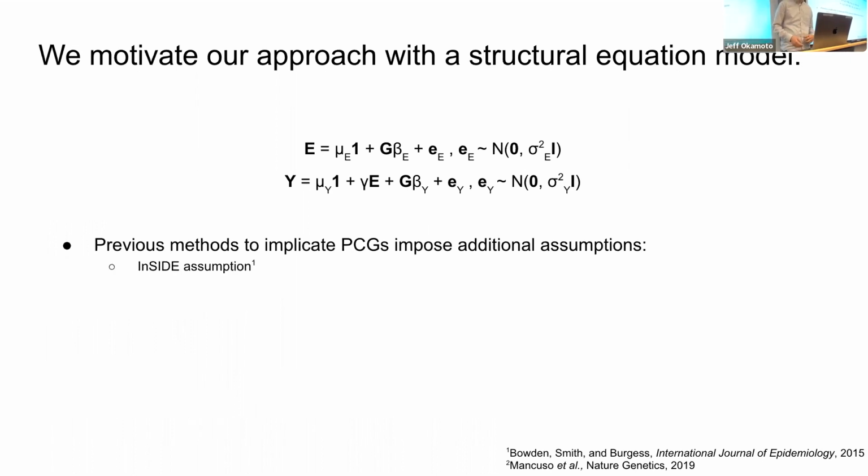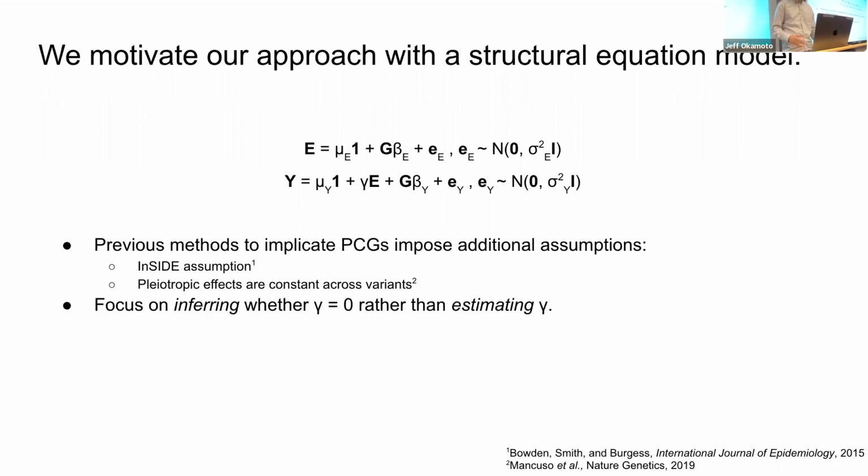So for example, if you're familiar with the Mendelian randomization literature, usually the goal of an MR analysis is to estimate the effect of your exposure, in this case gene expression, on Y. But some of these methods, for example MR-Egger regression, impose what's called the InSIDE assumption, and then FOCUS, which we already talked about, assumes that the pleiotropic effects are constant across variants. So these are fairly strong assumptions in our opinion. So we want to get around these.